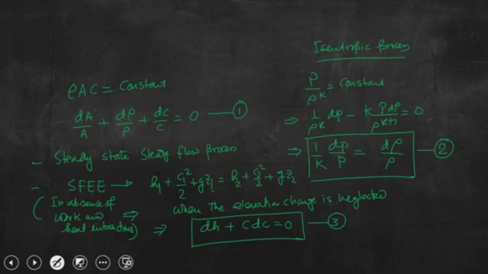And d rho by rho we also got as 1 upon k dP by p. So, if we write all these equations, then we can relate the area of the flow nozzle in terms of the known quantities.